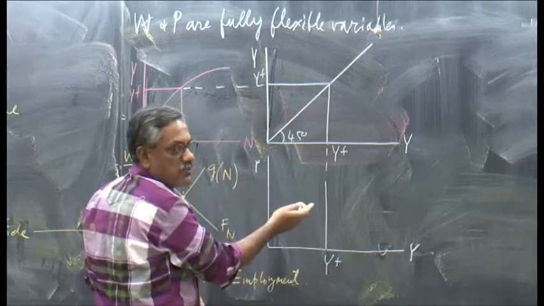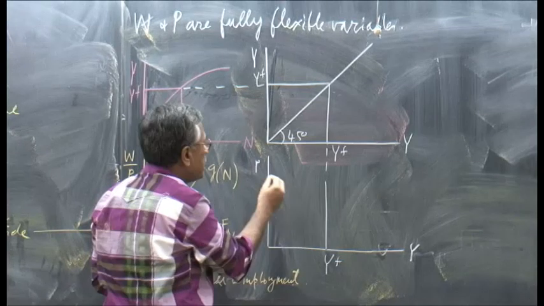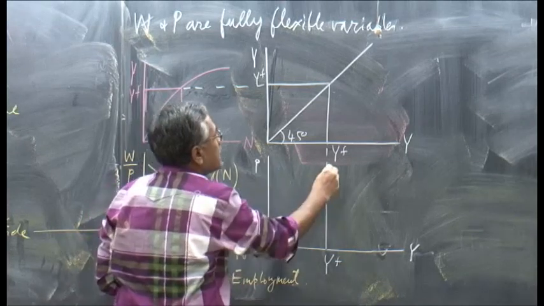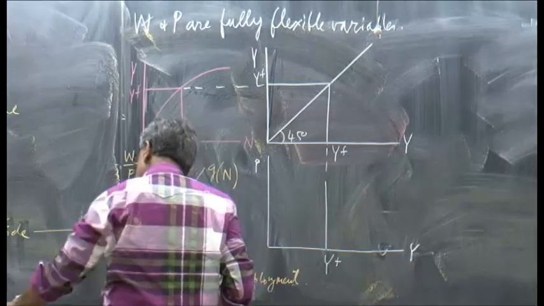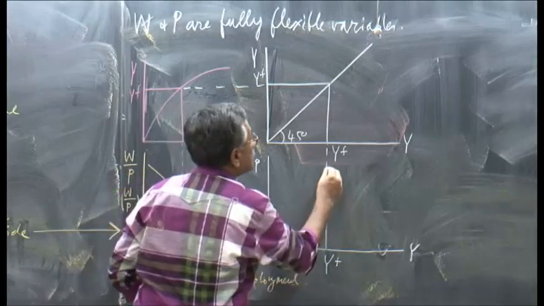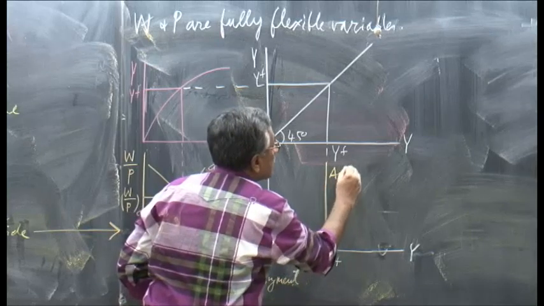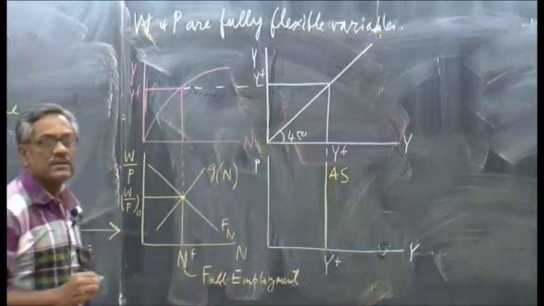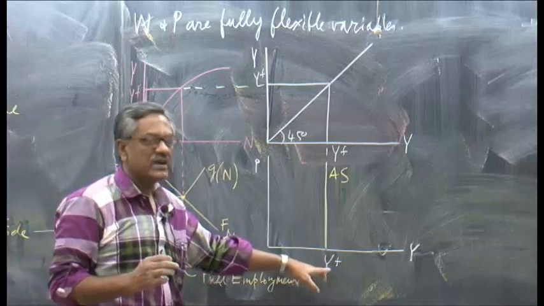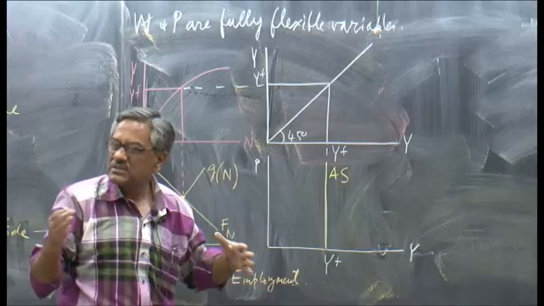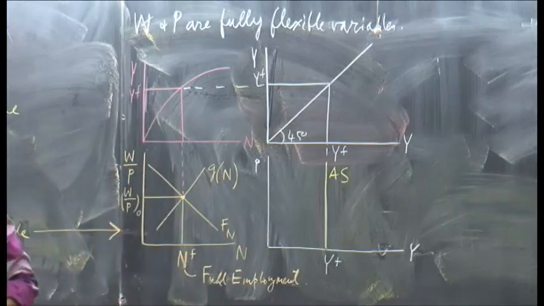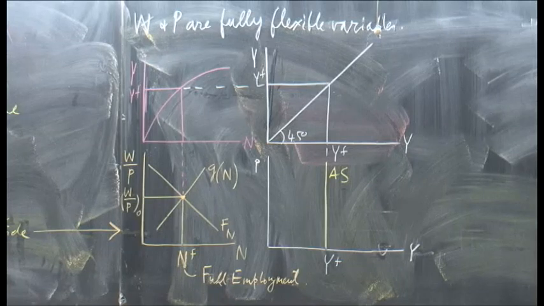There is no mention of prices here, whatever be the price. So the aggregate supply line essentially has become a vertical line. This is the aggregate supply line. This is the classical aggregate supply line, which is output fixed at the full employment level. Once it reaches full employment, no matter what the prices are, it remains there in the long run.